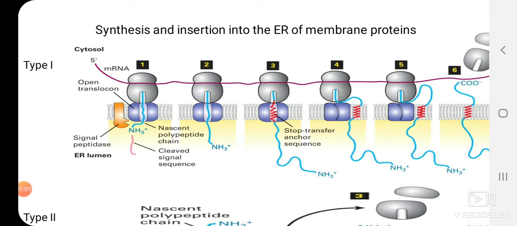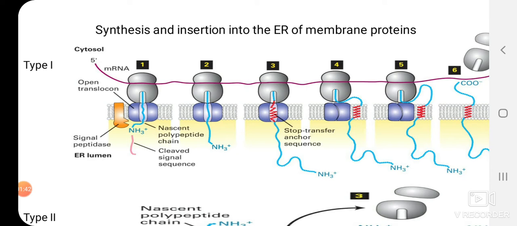First the polypeptide synthesis initiates within the cytoplasm, then through the SRP it gets stalled, and the whole machinery is transported onto the rough endoplasmic reticulum onto a translocon. Then the translation further restarts with the removal of SRP and its receptor, followed by movement of the polypeptide chain into the lumen of the endoplasmic reticulum.